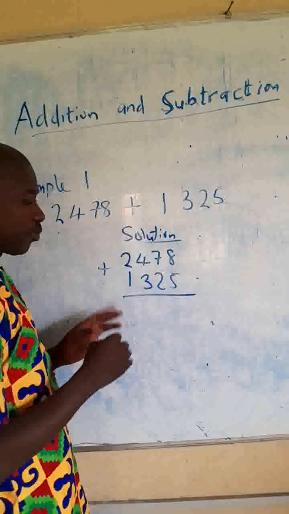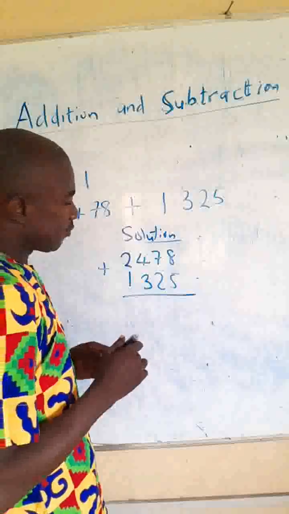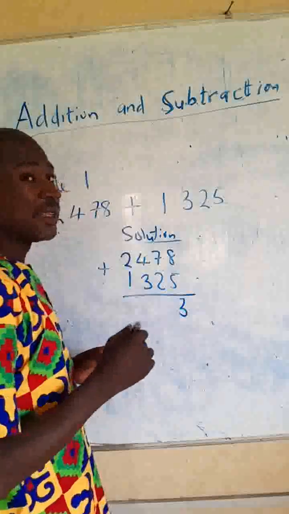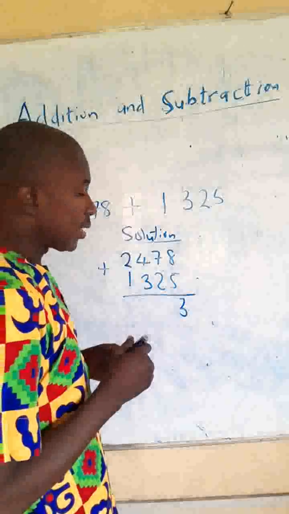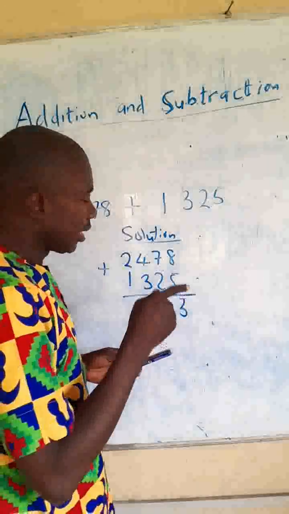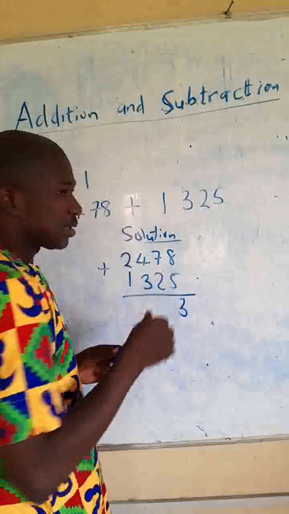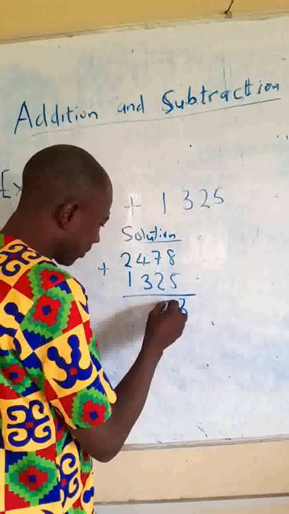After we have arranged it properly, we add 8 plus 5, which is 13. We write down 3, and we carry the 1 to the next number. So 1 plus 7 is 8, plus 2 becomes 10.